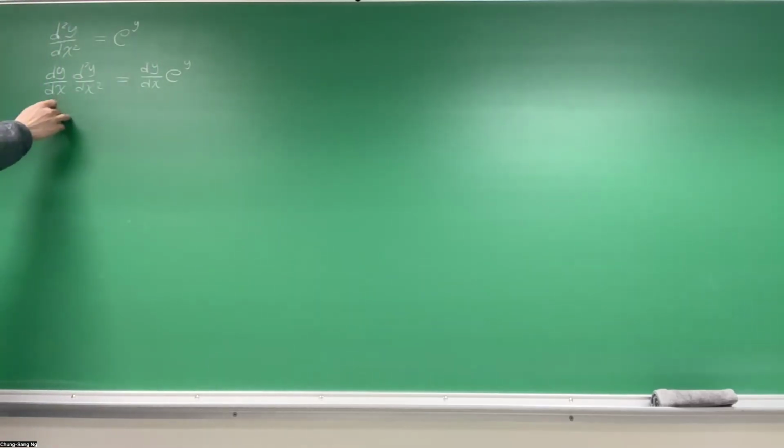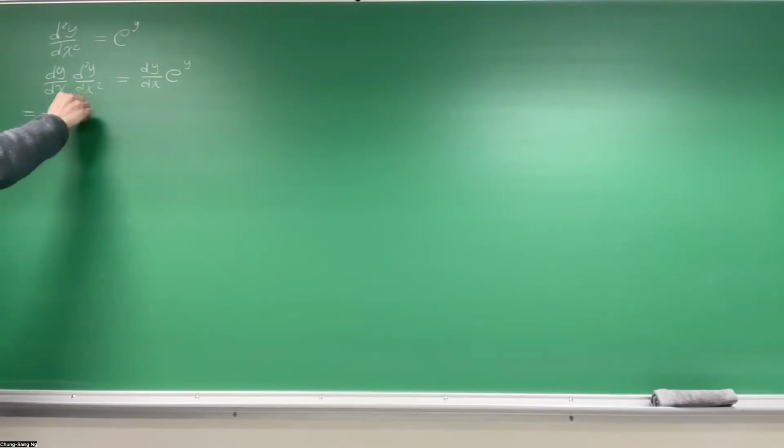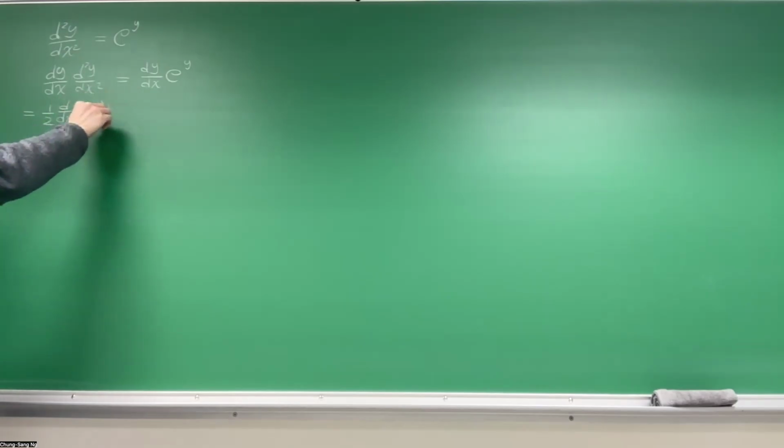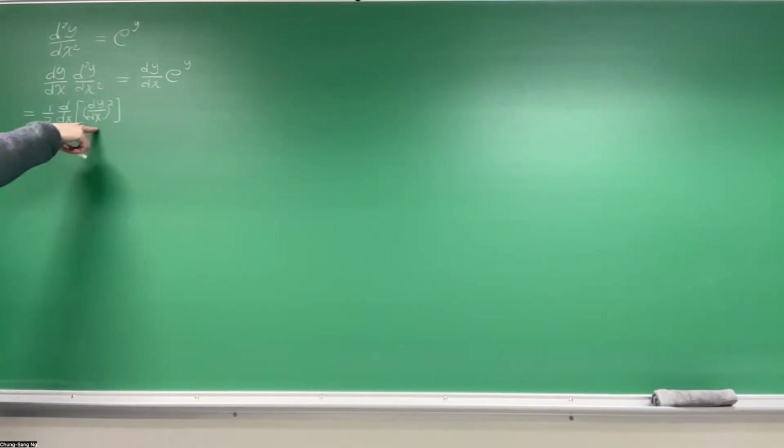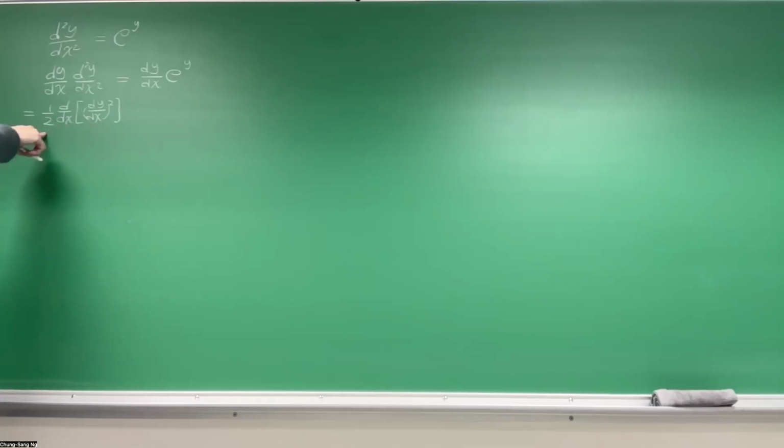And now the left side you can write as one half d/dx of (dy/dx) squared. Dy/dx now becomes like a velocity, so this is one half velocity squared, which is like the kinetic energy.